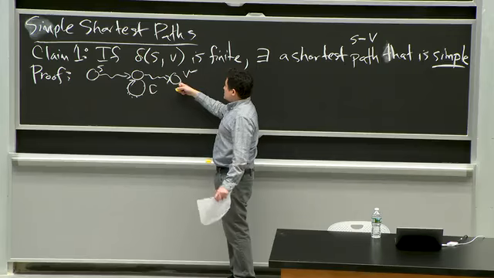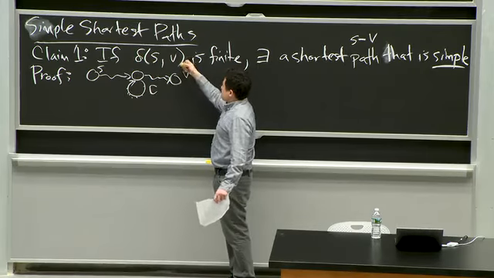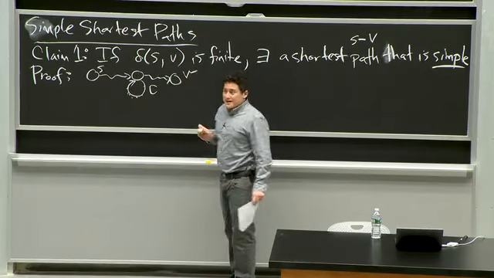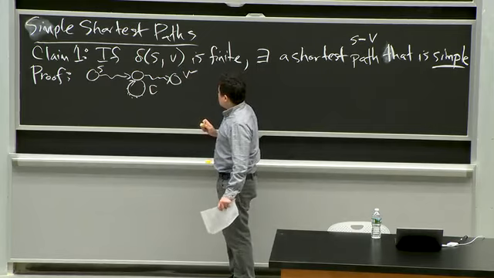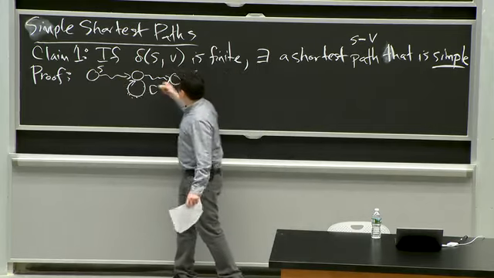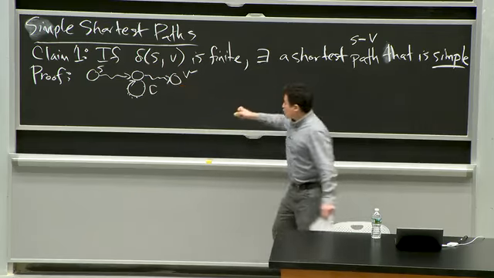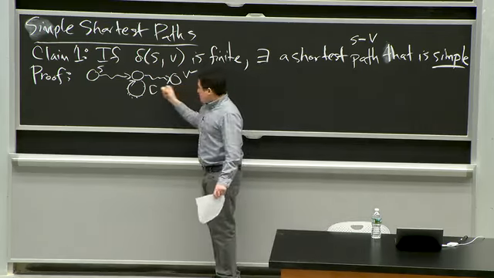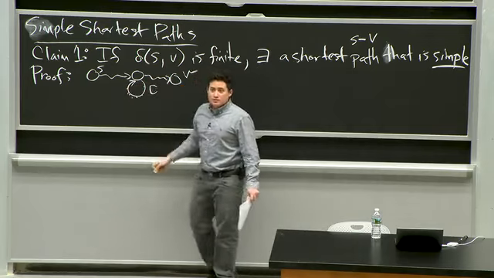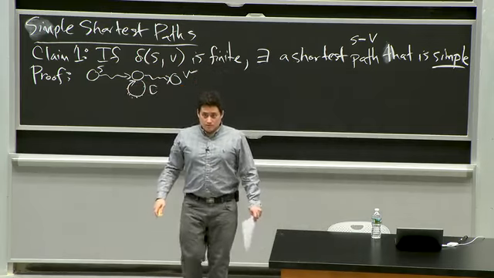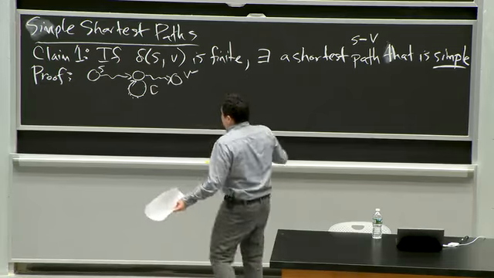I know that it's a shortest path, and it has finite weight, right? So in particular, this delta distance is not minus infinity. But if this is not minus infinity, what do I know about the weight of this cycle? Yeah, it can't be negative, right?